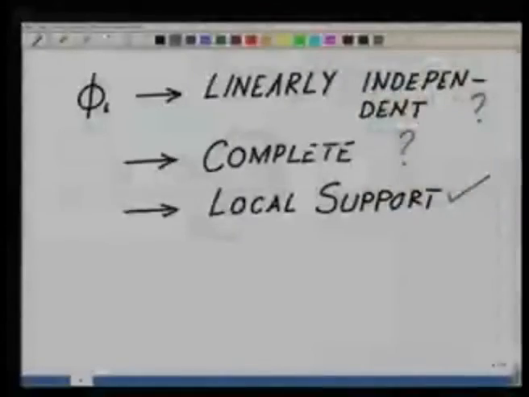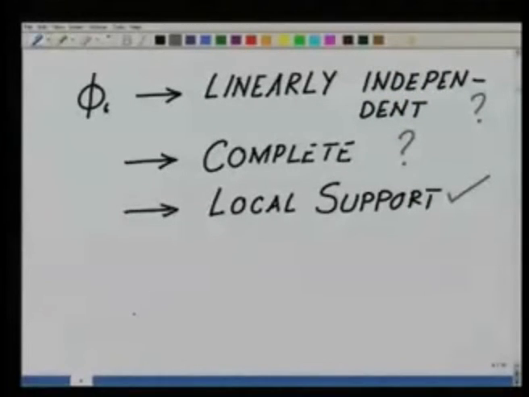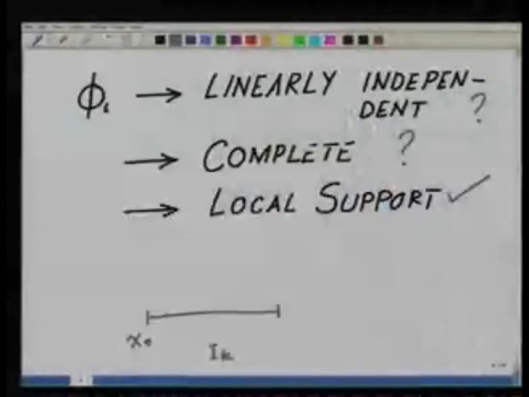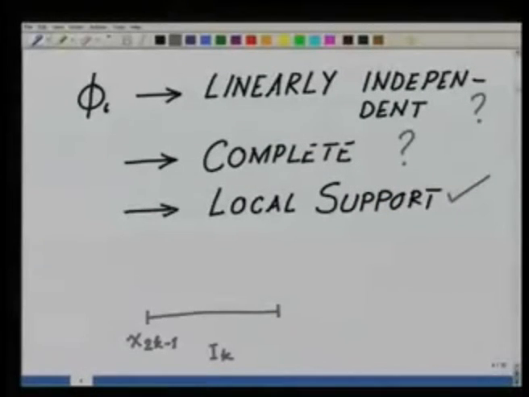So how are we going to do that? To do that, let us now construct these functions element by element. So if I look at a generic element I k, what are the nodes or the points that this element has? It will be x 2k minus 1, x 2k, x 2k plus 1. Similarly, which are the phi's which are non-zero here?